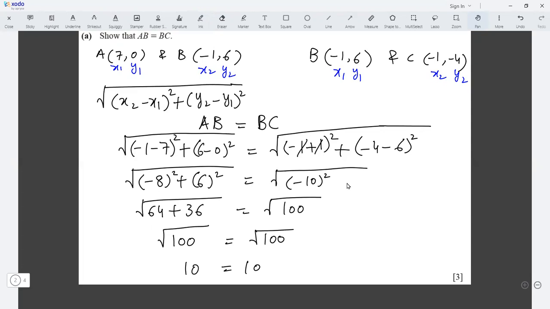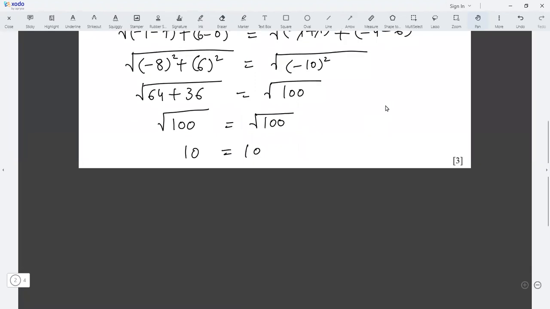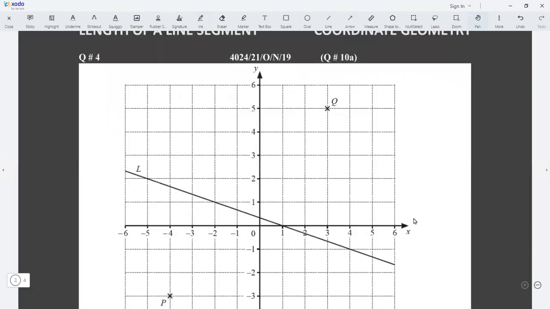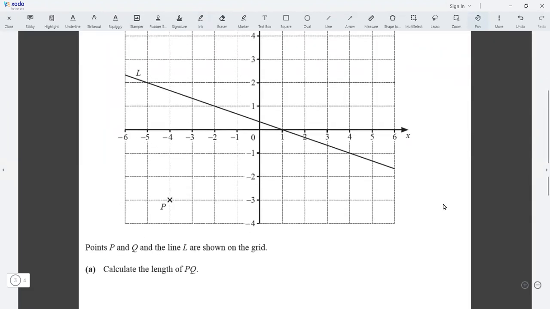So coming to the fourth type of question, the length of a line segment. In the fourth type of question, there is a grid on which points P and Q are given. We have to find the length of PQ, but in order to find the length, we need to find the coordinates of those two points.